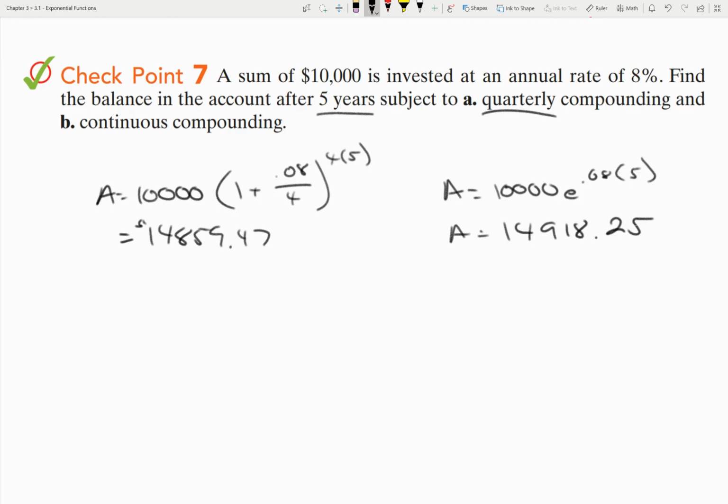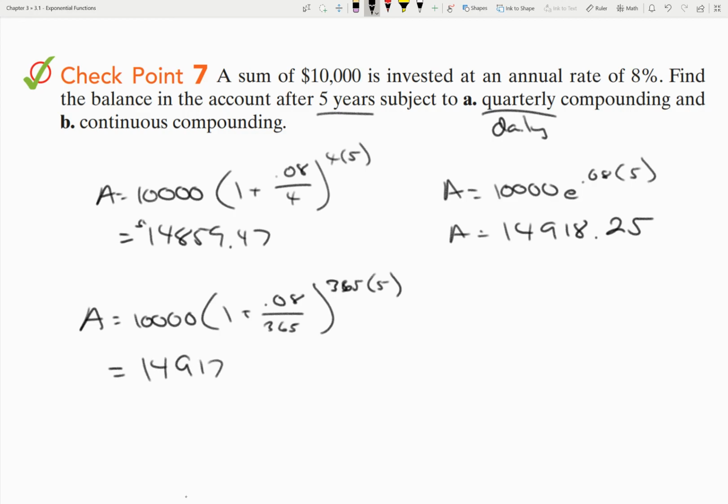Like the text said before, if I change this to daily, if I made this 10,000 times 1 plus 0.08 over 365, to the 365 times 5, and compared these two, notice you get $14,917.59.